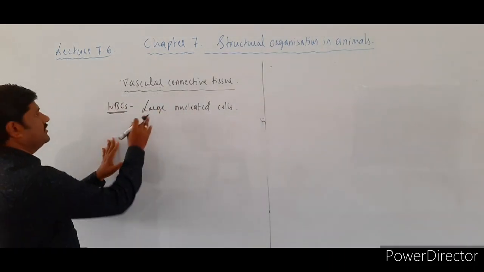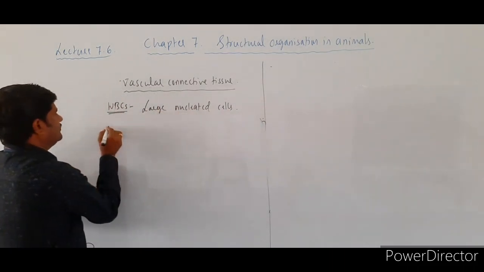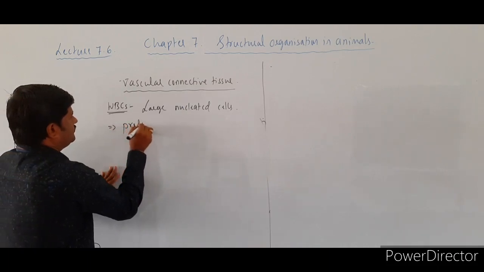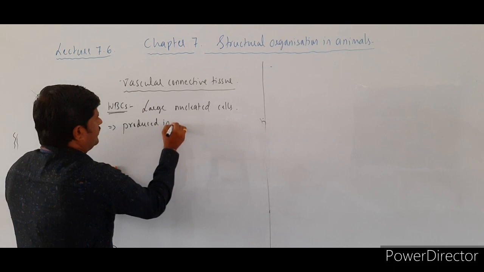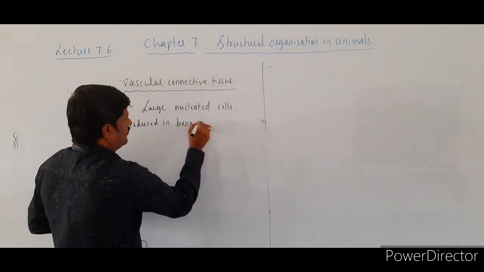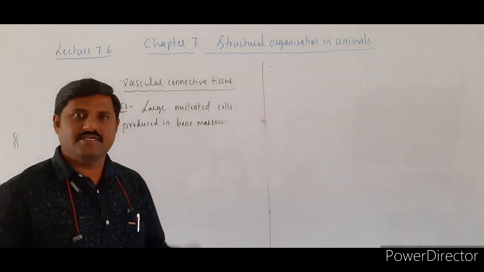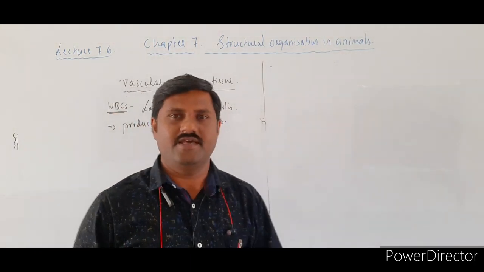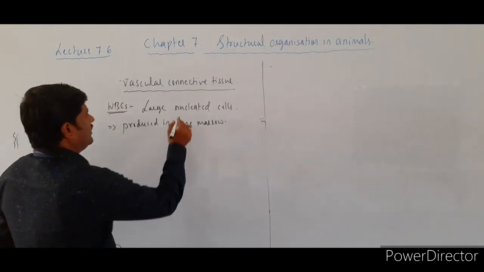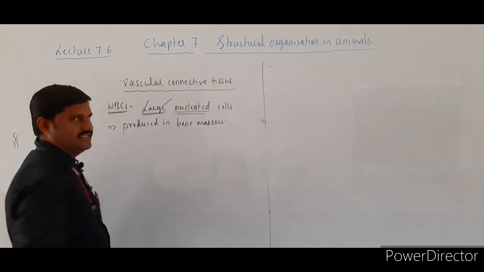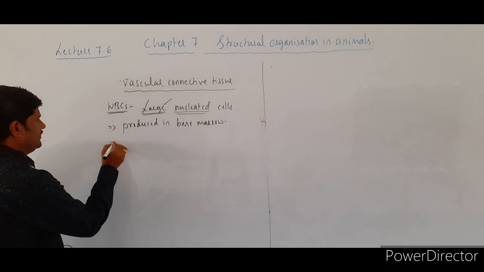See here, these are large nucleated cells which are produced in bone marrow itself, right? Where are they produced? They are also produced in bone marrow, but these are nucleated and a little larger than RBCs.